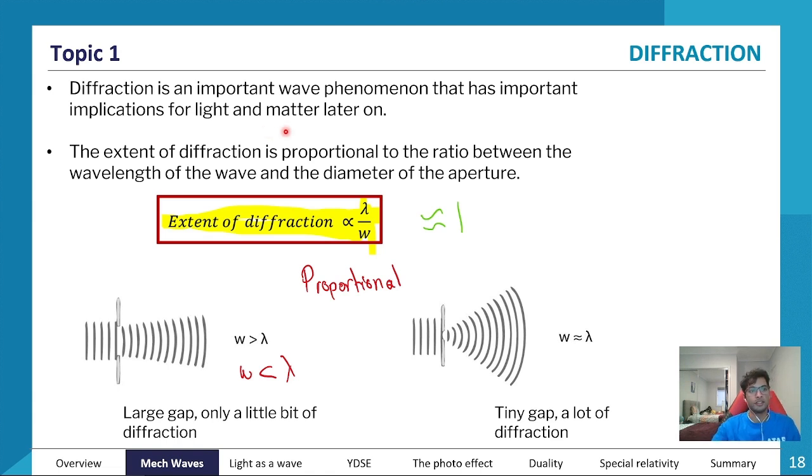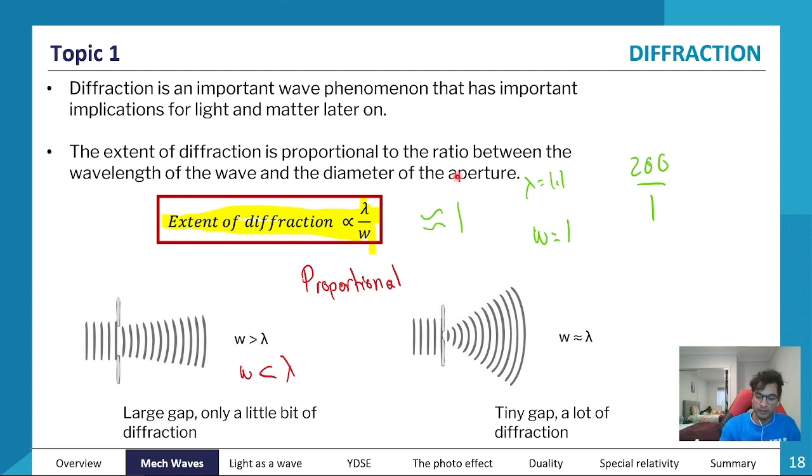So for example, let's just assume that the width is 1 and the wavelength is 1.1. 1.1 divided by 1 will give us a value that's close to 1. And because it will give us a value close to 1, we're going to see a lot of diffraction. But if the wavelength was really big, so let's say the wave was 200, this number is much bigger than 1. And because it's bigger than 1, we're not going to see much diffraction.